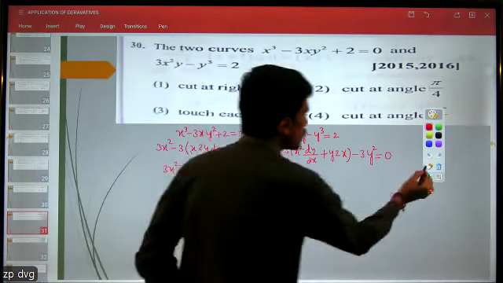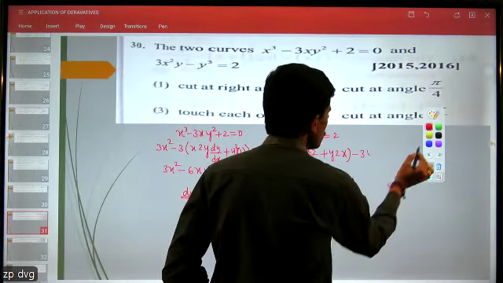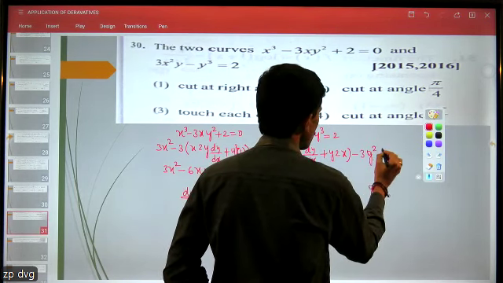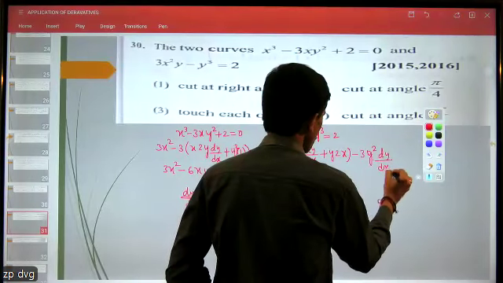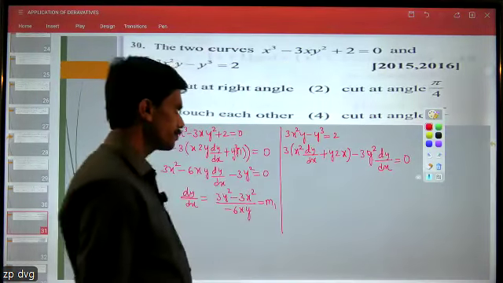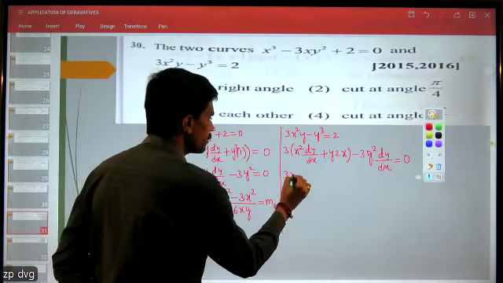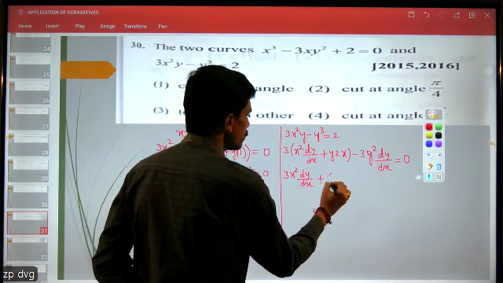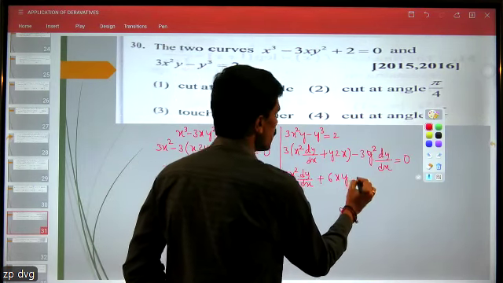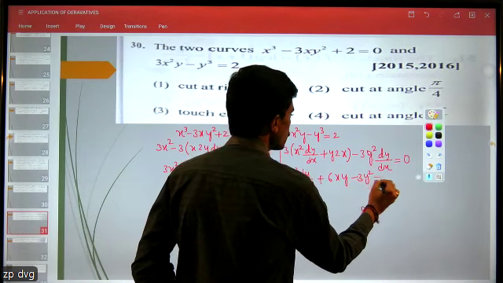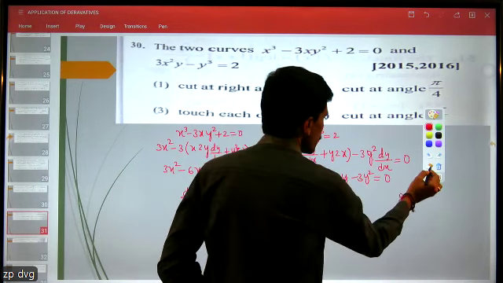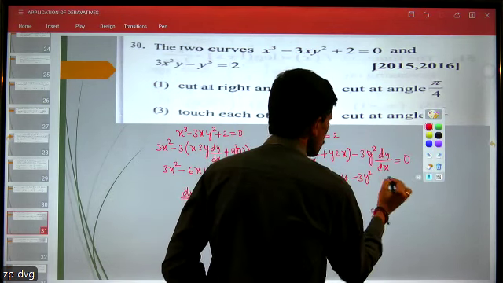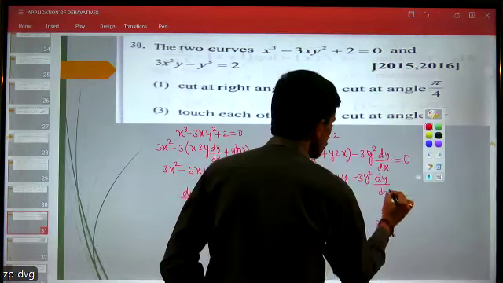So 3x square into dy by dx plus 3 into 2, 6xy, minus 3y square into dy by dx equal to 0.